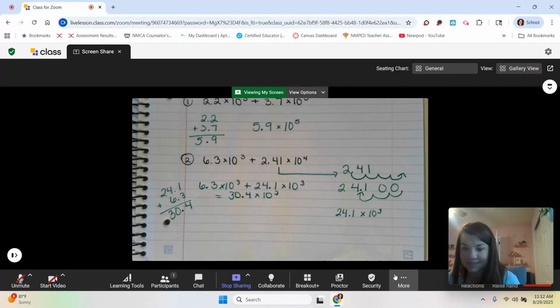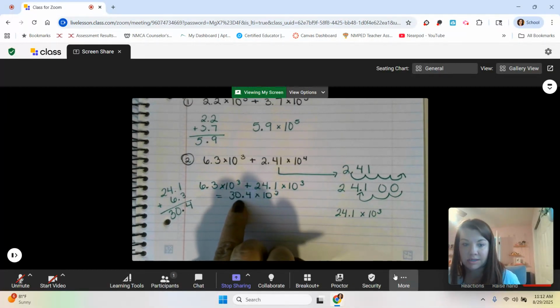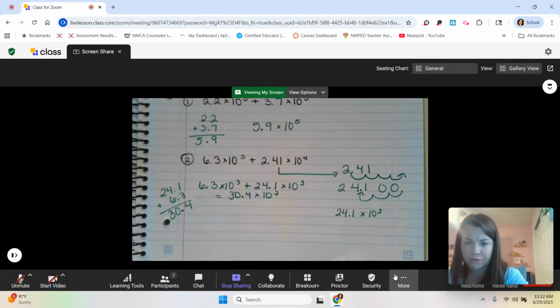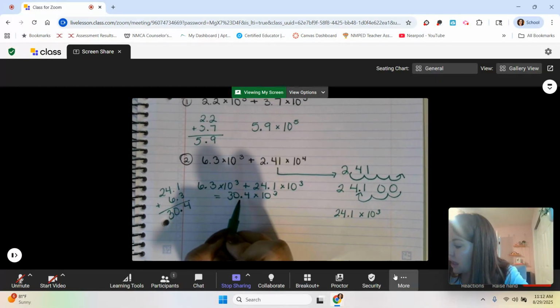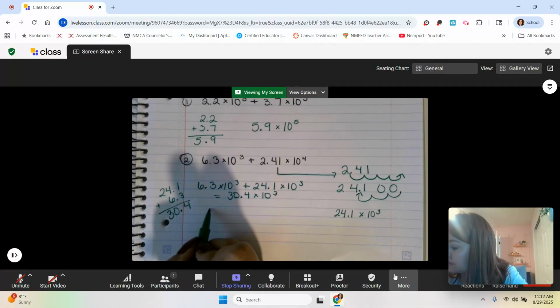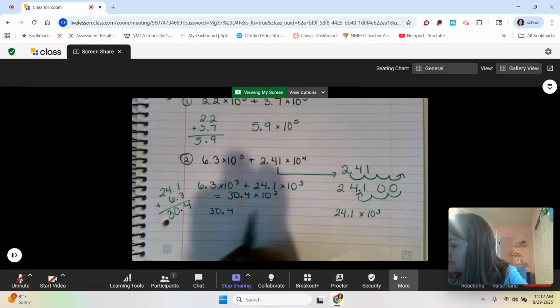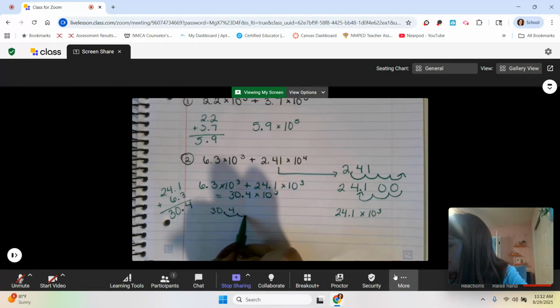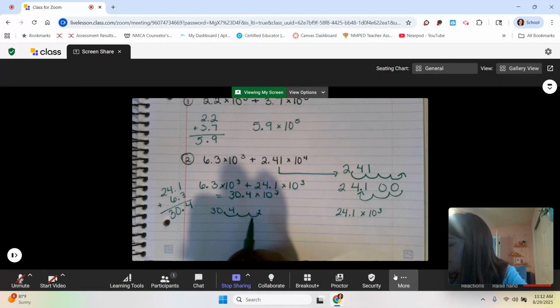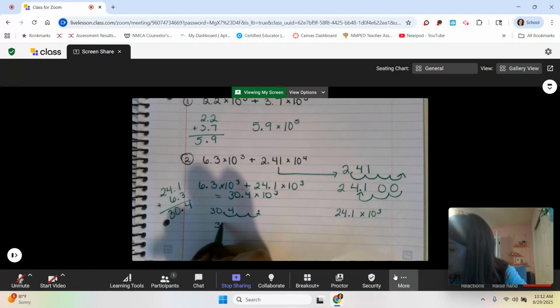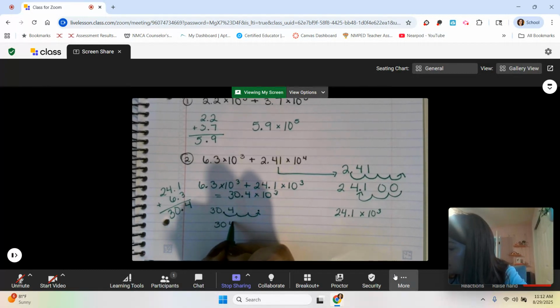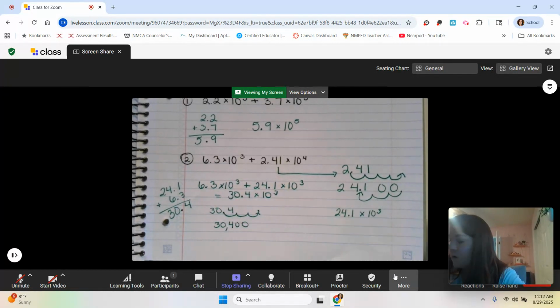But that's not written in scientific notation, right? Because this first number has to be between 1 and 10. So when you're first starting out, if I were you, I'm going to write this in expanded form. I'm going to say, okay, 30.4, I've got to move my decimal 3 to the right, 1, 2, 3. So in standard form, this would be 30,400.